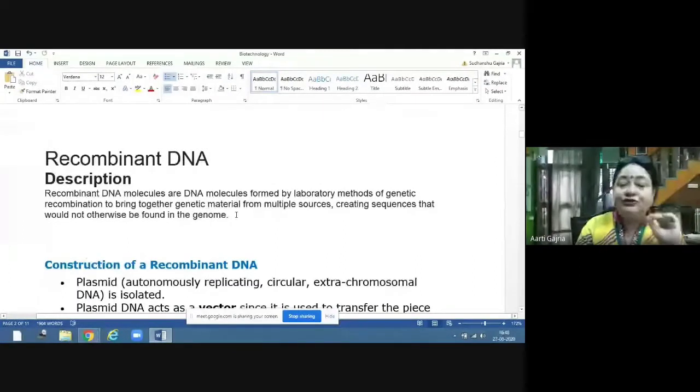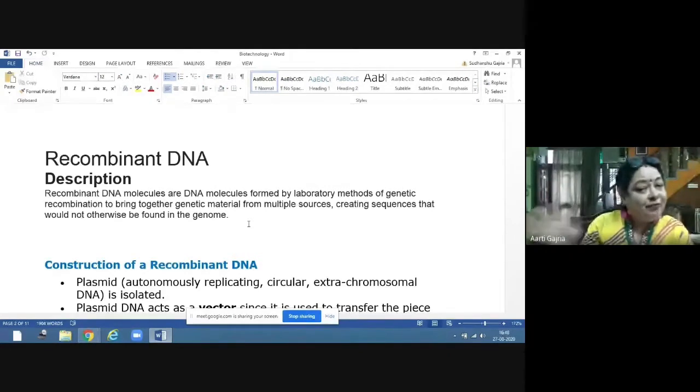DNA molecules formed by laboratory method. Remember that all the recombinant DNA is produced in the laboratory by methods of genetic recombination to bring together genetic material from multiple sources, creating sequences that would not otherwise be found in the genome.